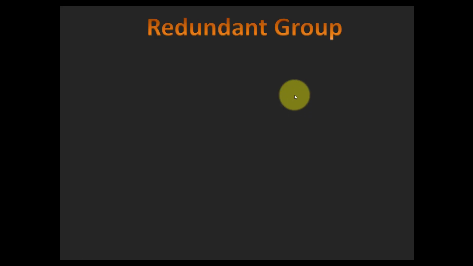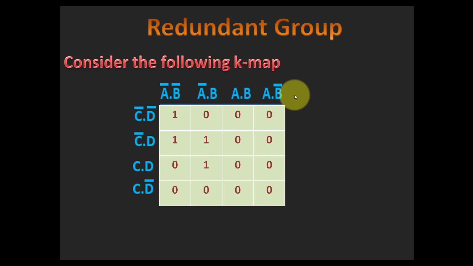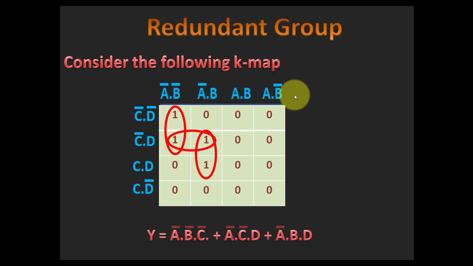Then we have a redundant group. Now what is the meaning of a redundant group? In this K map, we have three pairs. Now the equation of the K map with these three pairs is this one. But this one group, the pair, as we can see, is completely encircled in the other groups.